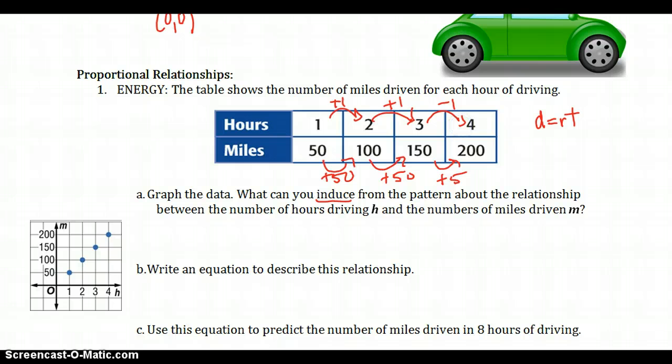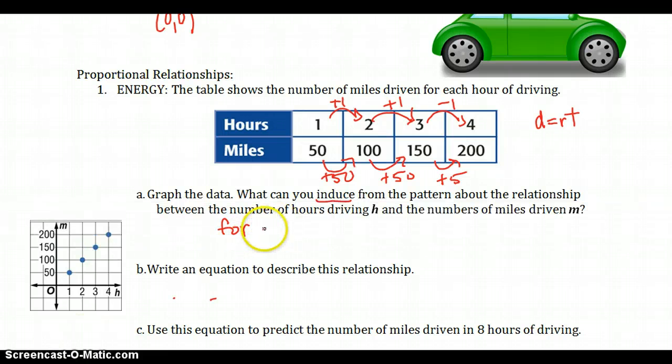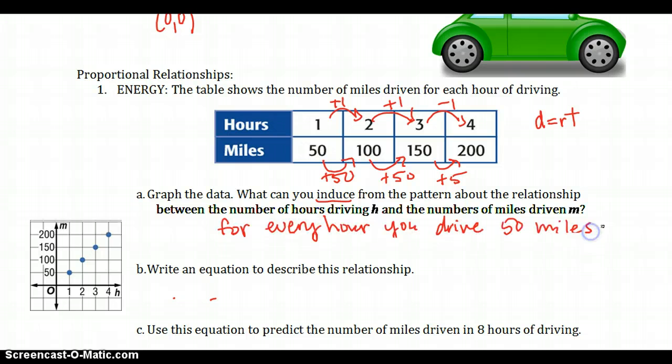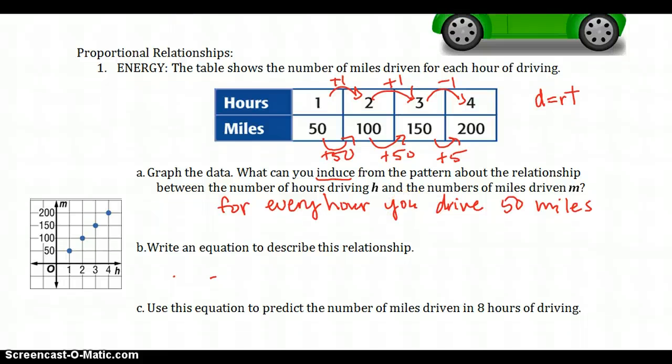Every hour that you drive, it goes up 1 hour each time. For every hour that you drive, you drive 50 miles. That's what I can induce from this information.